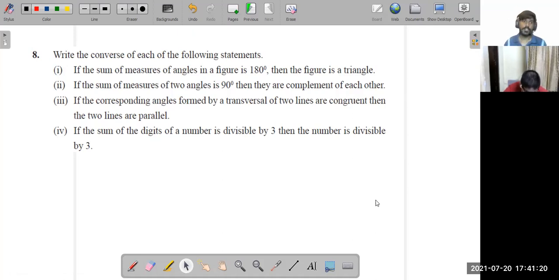Done, sir. Next. If two lines are parallel, then the corresponding angles formed by the transversal of the two lines are congruent. Right.